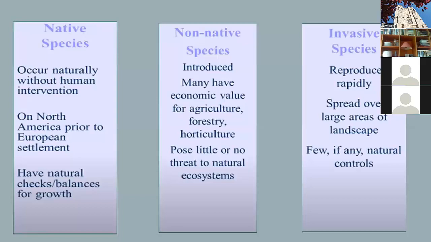Let's see, what else do we have? Wendy asked about bittercress. What would you like to know about bittercress, Wendy? Bittercress, for those of you who don't know, is a cool season weed.